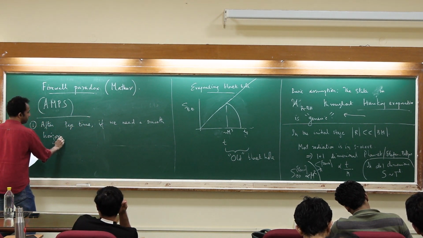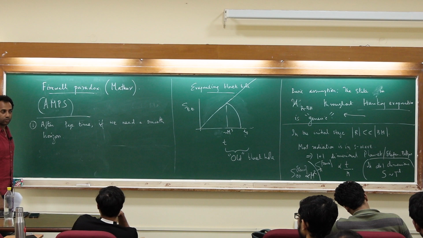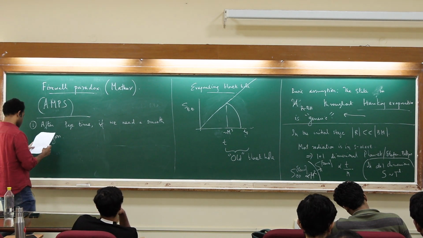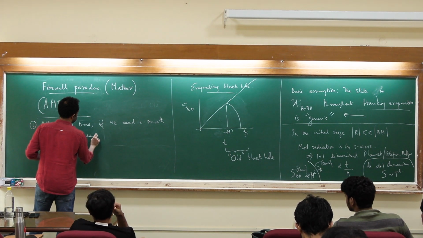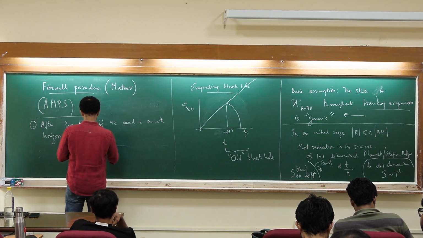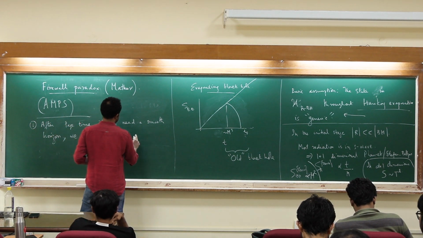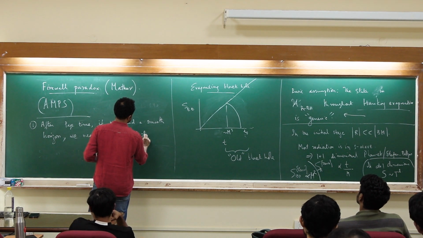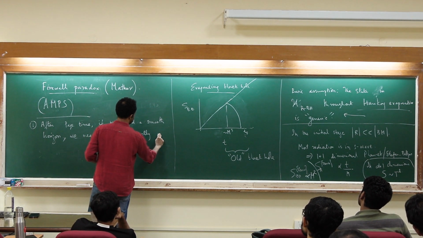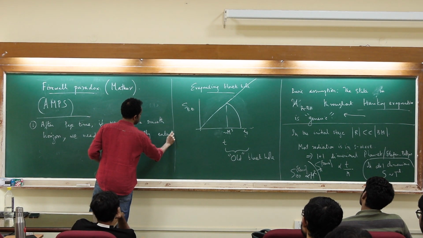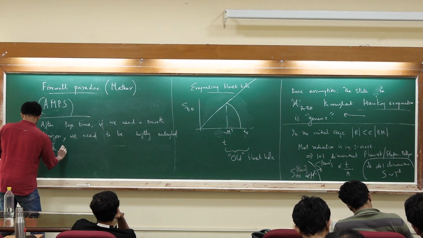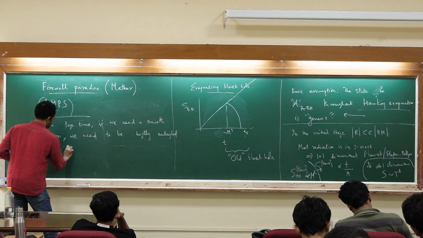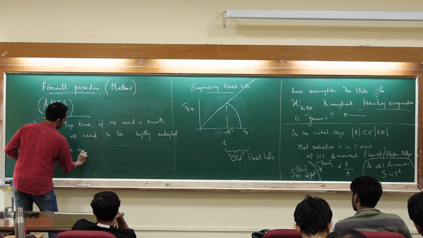Smooth horizon basically means it has a very delicate entanglement structure that I wrote down last time. Okay, so for a smooth horizon, we need the outgoing modes to be highly entangled, or nearly maximally entangled is the more correct phrase, with the interior modes of the black hole.